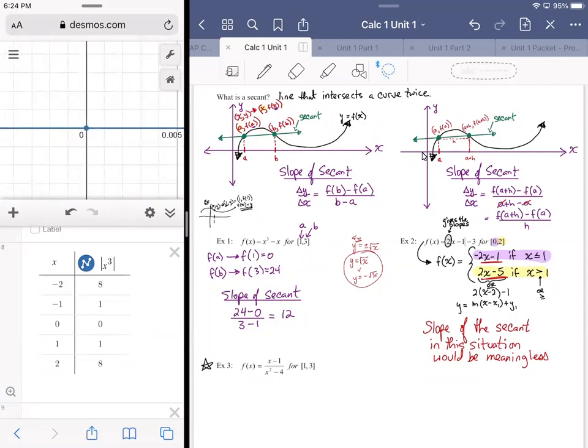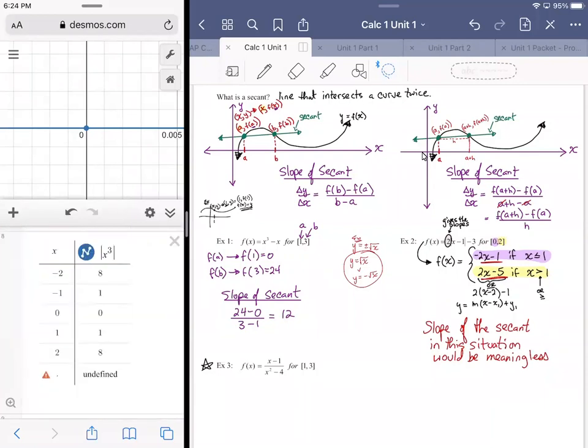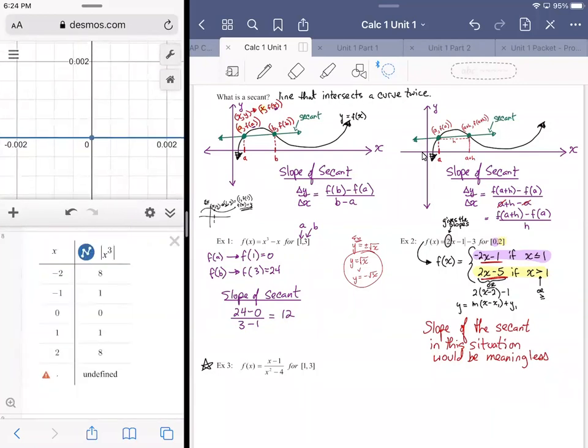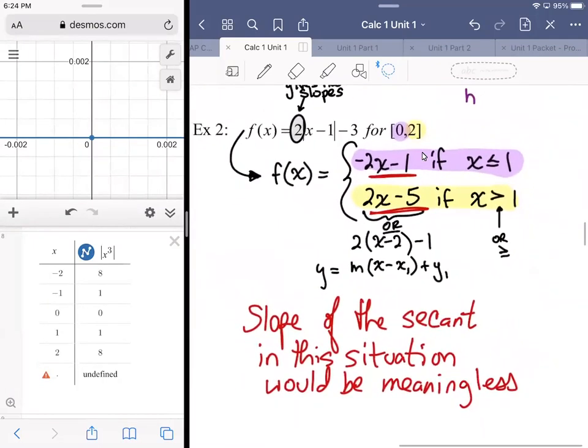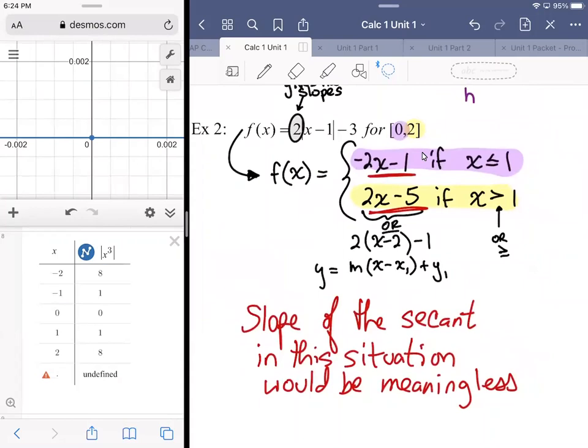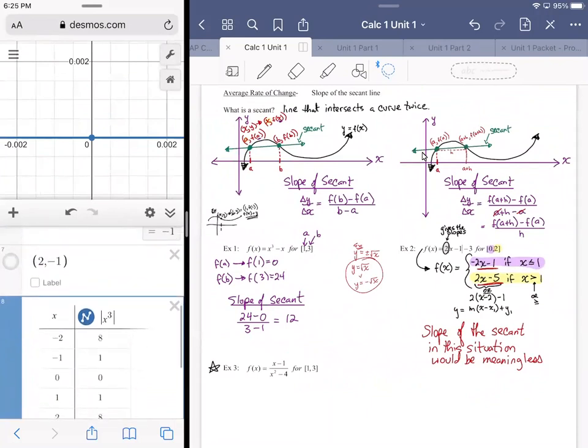You could amend your table here and maybe put in a 0.001 just to see what the y value is. The whole idea is to see if it ever comes to a point. If it comes to a point, then all this information about the secant line having a slope would be meaningless, it doesn't apply. It's only when it comes to a point that we start being concerned with that sort of thing.